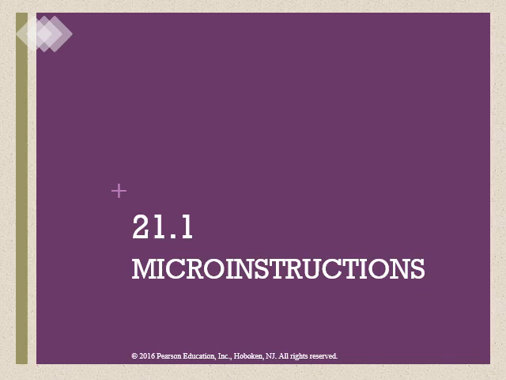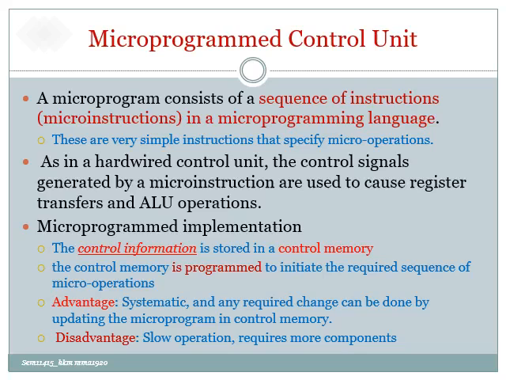We will start with 21.1, micro instructions. An alternative, which has been used in many complex instruction set computer processors, is to implement a microprogrammed control unit. A microprogram consists of a sequence of instructions.